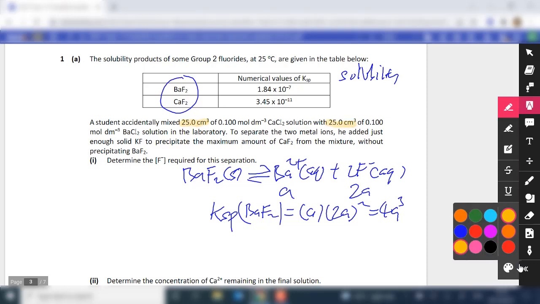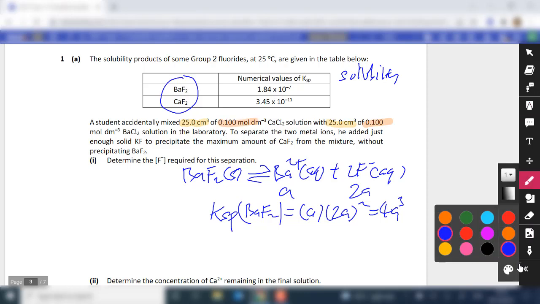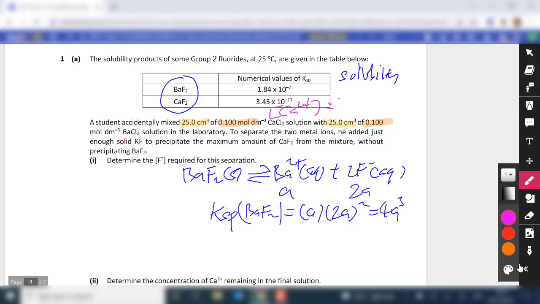So if they have the same volume, you expect the concentration to halve. In this case, we can quite easily tell that the concentration of Ca2+ is the same as the concentration of Ba2+, which is 0.050 moles per dm cubed.